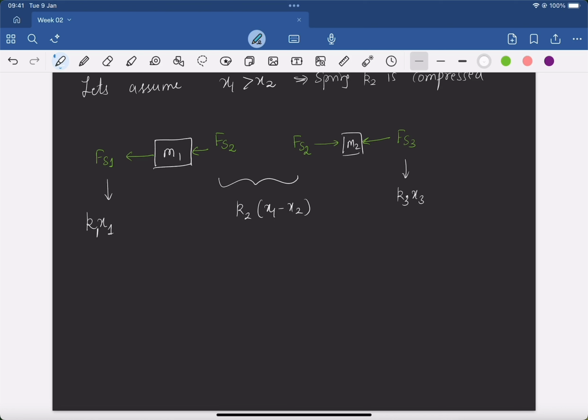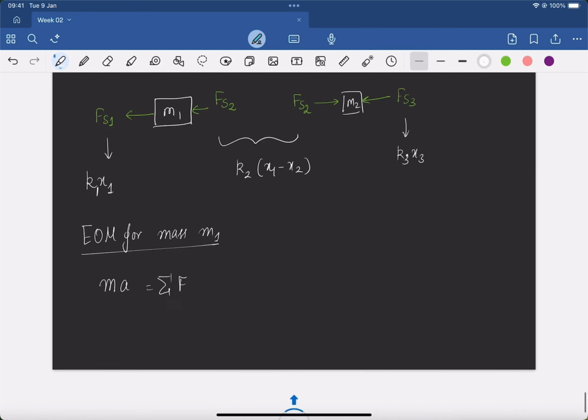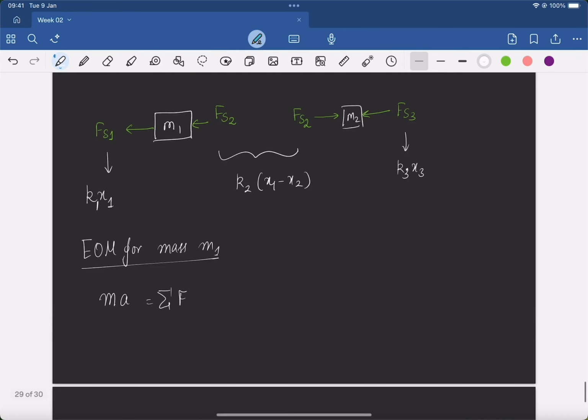So now I'm going to go ahead and try to write my equation of motion. So the equation of motion for mass 1: mass into acceleration is equal to the summation of all forces. I only have one direction.